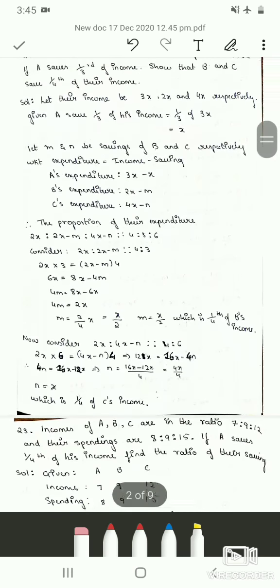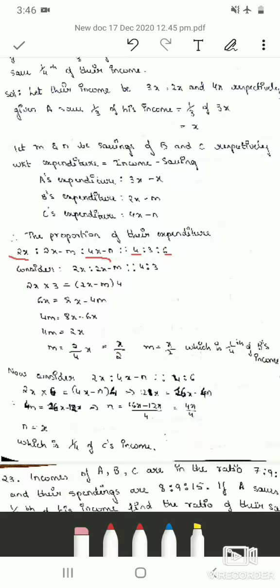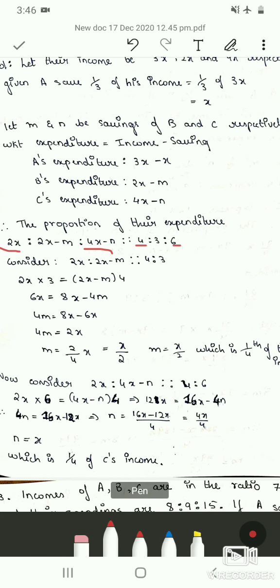So now let us see the second case, that is for C. Now in the proportion consider these two terms, that is consider 2x is to 4x minus N as 4:6. So then take the product of extremes and equate it to the product of means. So we'll get 2x into 6 is equal to 4x minus N into 4.